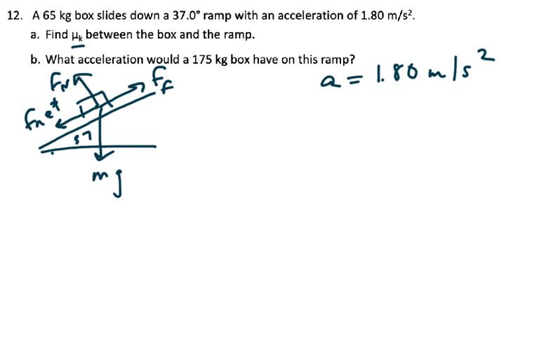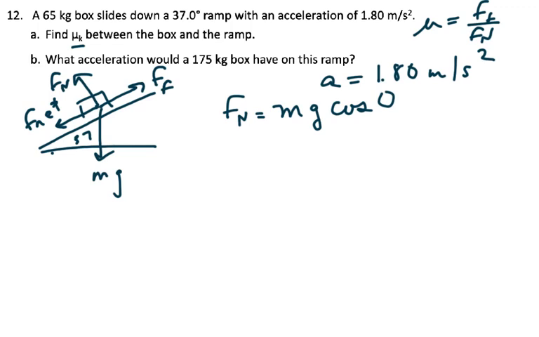All right, so we know that the coefficient is going to be equal to the frictional force divided by the normal force. So first step, let's find the normal force. So normal force with these ramp problems is always mg cosine of whatever the angle is that they gave you.